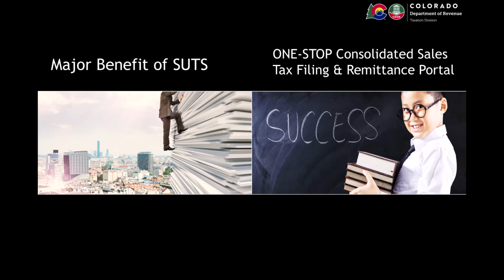Depending on a business's needs, there are 3 filing methods that can be used to remit sales taxes through SUTS: directly online, by uploading an Excel filing spreadsheet, or by uploading an XML bulk file.